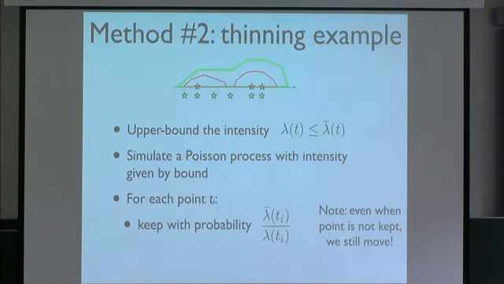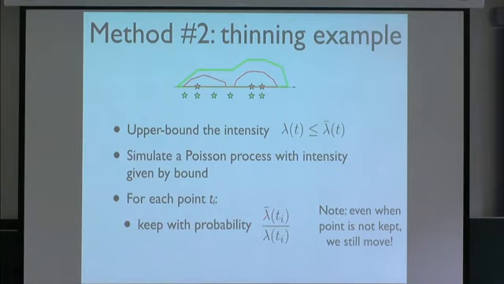So an example of this is we can use thinning. If we have an upper bound on the intensity, lambda bar, then we can simulate a Poisson process with the intensity given by the bound lambda bar. Typically, we'd pick something simple, maybe like linear or stepwise or so on. And then for each point, we keep the point with probability given by the ratio of the original intensity by the bound.